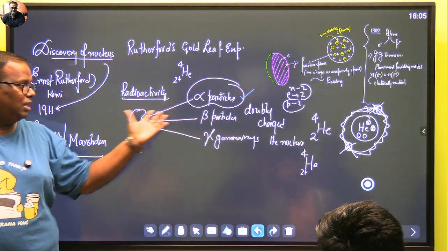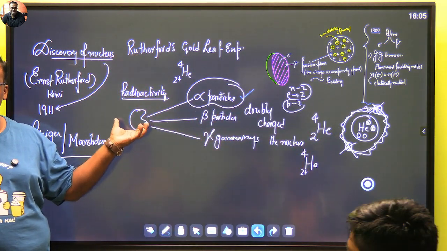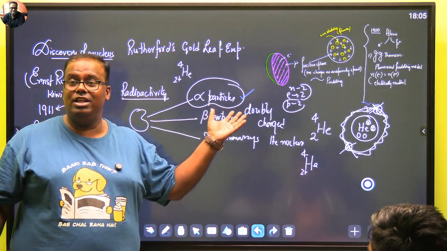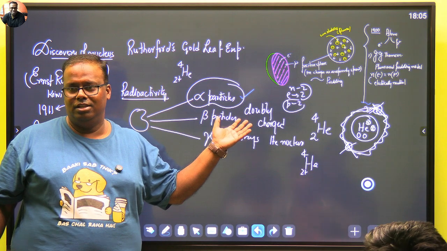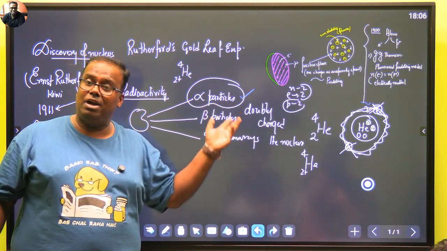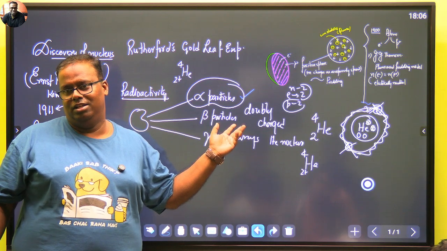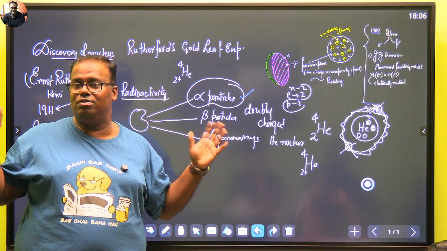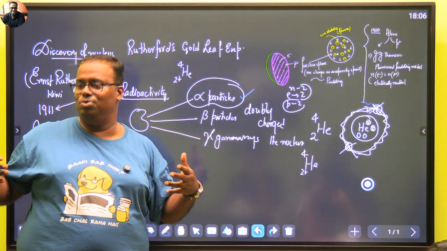That's why this particular item undergoes radiation. This is a radiation that you are getting. This radiation is in the form of a particle. Alpha particle is a positive particle. Beta particle is a negative particle. And gamma rays are neutral, not particles. Gamma rays do not have any mass. They just have energy with them.